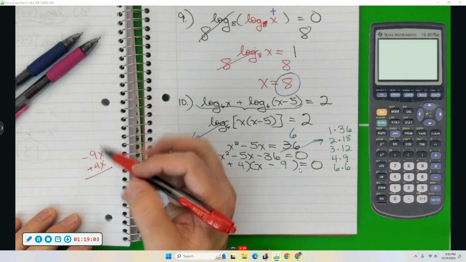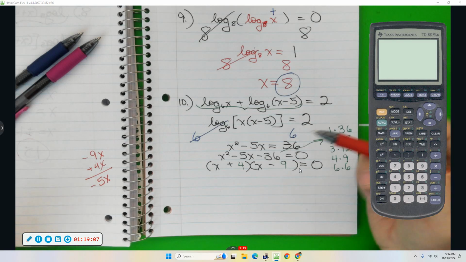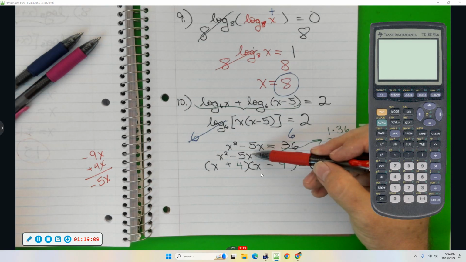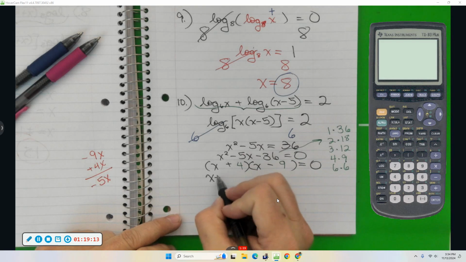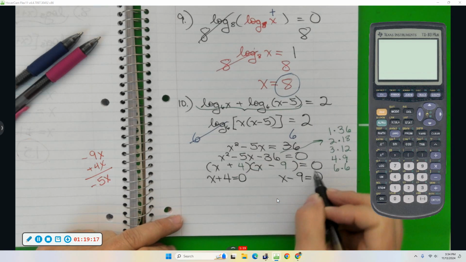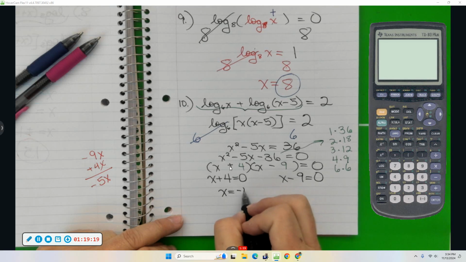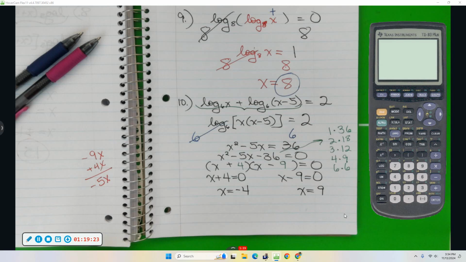Negative 9 plus 4 gives us a negative 5x. Is that what we needed? Yes, so we set each factor equal to 0 to give us x equals negative 4, x equals positive 9.